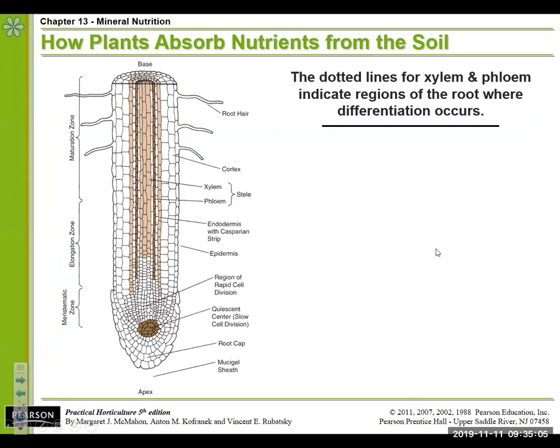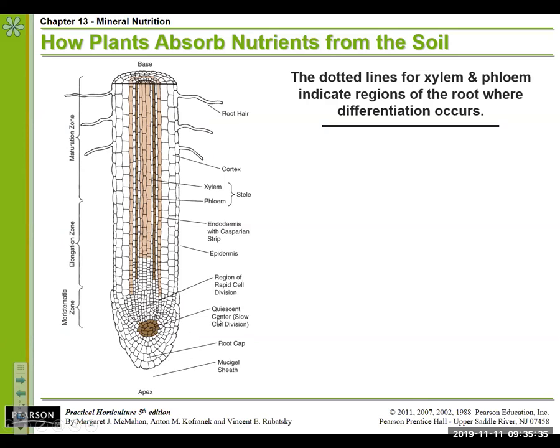So we can see here, going from the root itself, the xylem tissues in the pink and the phloem tissues in the brown. The root hairs are actually what is absorbing the different nutrients, bringing them into the xylem and the phloem. And you might notice that they have several barriers that they have to go through here. The root tip here is not actually absorbing nutrients.